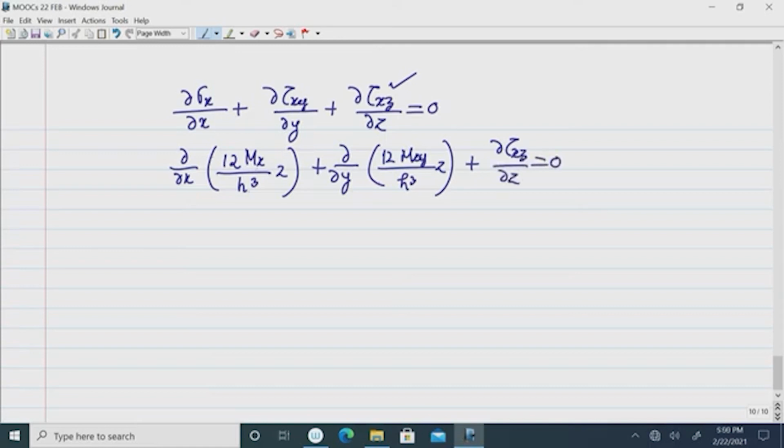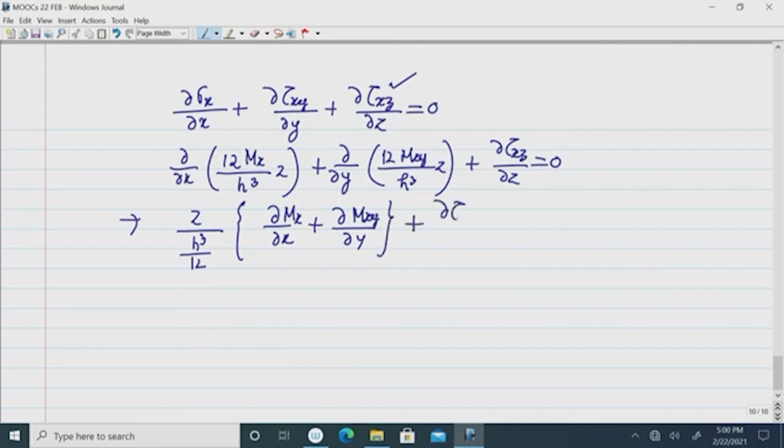So, from this equation, I can take z common and 12 by h cube common. This represents the moment of inertia of a plate of unit thickness. So, the terms can be arranged like that: del m x by del x plus del m xy by del y plus del tau xz by del z equal to 0.